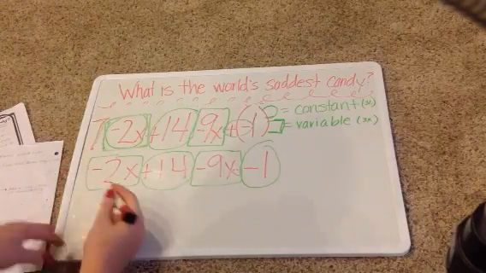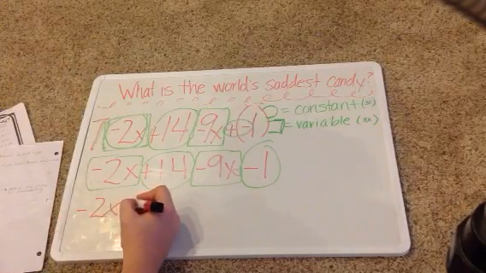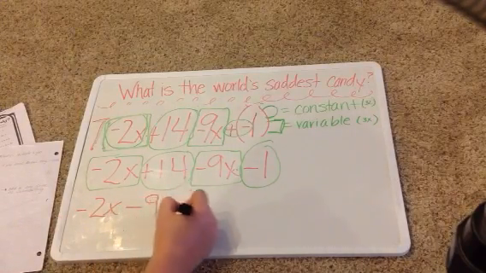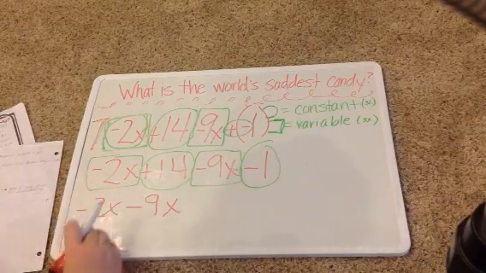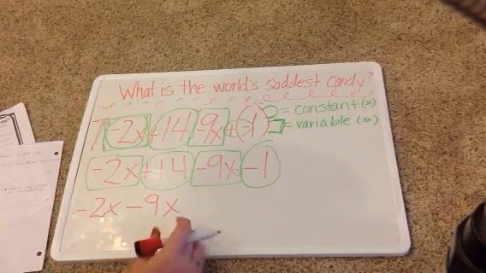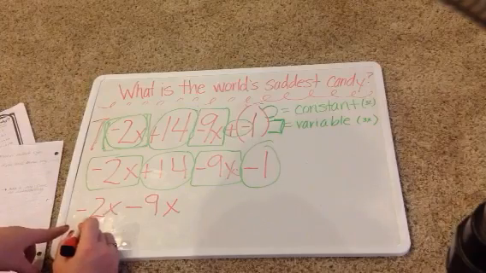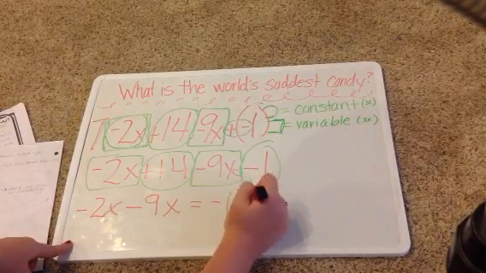So we have a negative 2x minus 9x. Okay, so we know that we have a negative number minus 9x. So that's going to give us, we're subtracting from smaller to bigger. So that's going to give us a negative 11x.